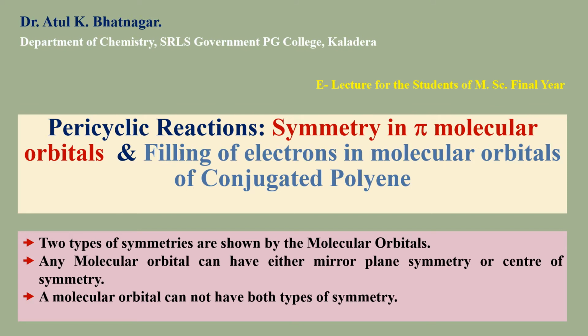If the molecular orbital is showing center of symmetry, then it cannot show mirror plane symmetry. That is due to the arrangement of the molecular orbital. So no molecular orbital can show both types of symmetry. This we should remember. Now we shall start with the mirror plane symmetry.